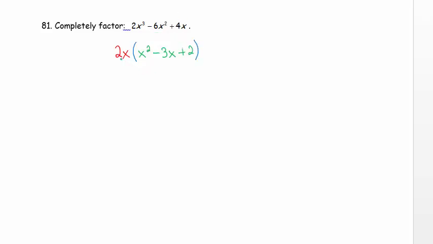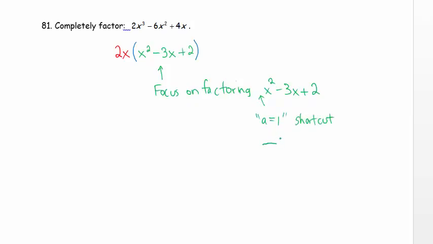We will temporarily ignore the GCF 2x and just focus on factoring x squared minus 3x plus 2. Because for this quadratic a is equal to 1, we can use what I call the a equals 1 shortcut, which means I need to find two numbers that multiply to c, which is 2. The same pair of integers must add up to the value of b, which is negative 3. Those numbers are negative 1 and negative 2. Negative 1 times negative 2 is positive 2.